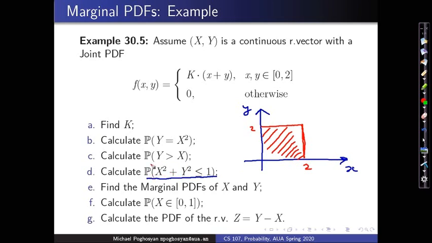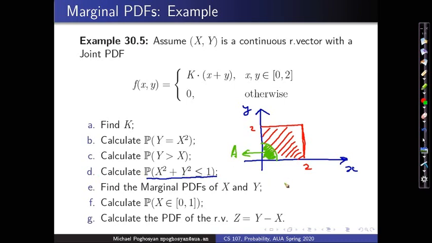That means that our point xy is inside the unit circle. The unit circle is something like this. I'm not drawing the other part because I need to intersect with this support. So I'm getting only this part. This is my A for part D.